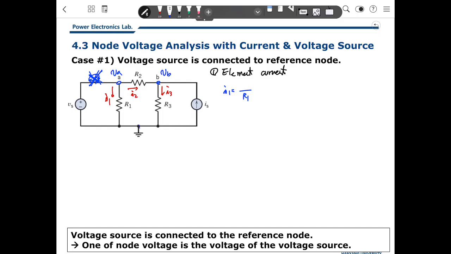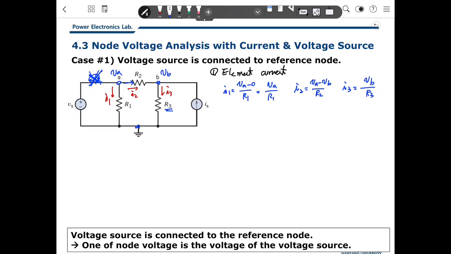Because this is ground, I1 is VA minus 0, because it's 0 volts. Yes, I1 is VA over R1. And I2 is the current from here, so I2 is VA minus VB over R2. And I3 is the current here, VB over R3.